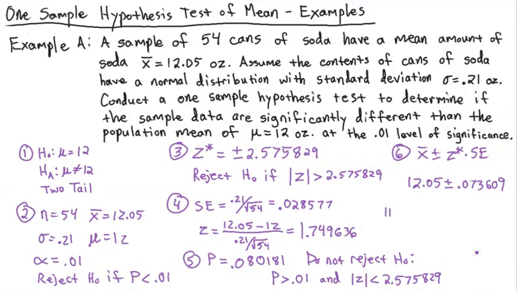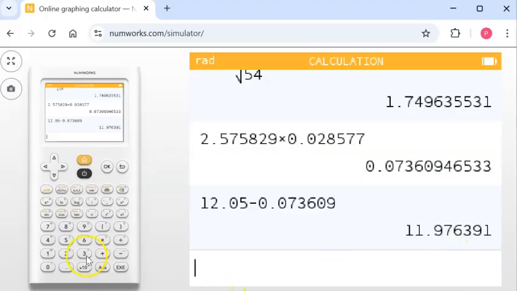So we get 11.976 less than or equal to mu less than or equal to. Now we're going to do 12.05 plus this number. We can actually do that by going up to this one that we just used and hitting enter, and we're going to change this minus to a plus and then hit enter.